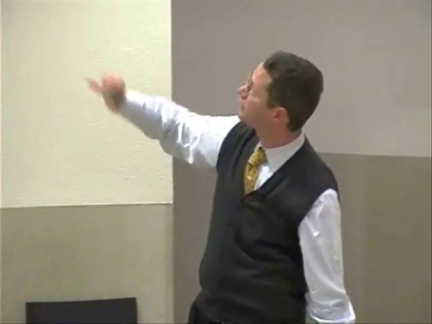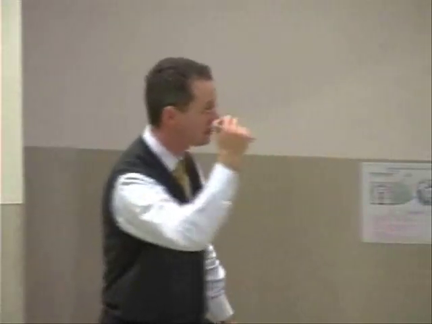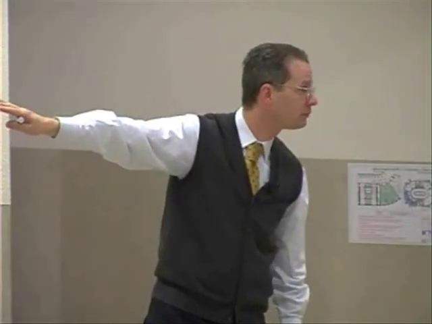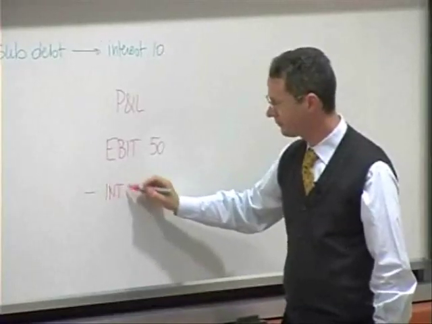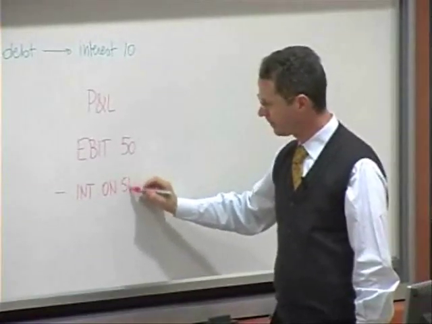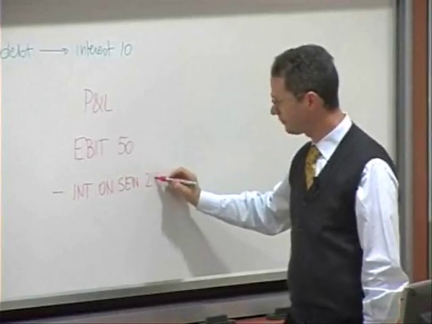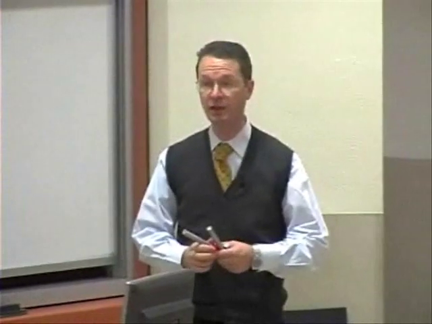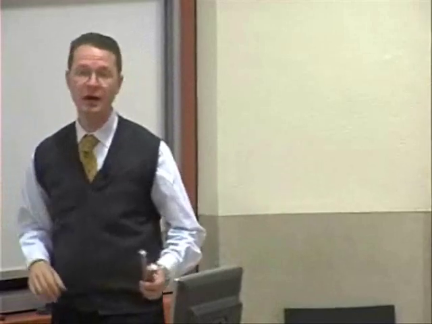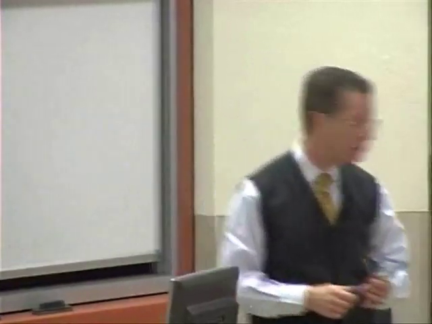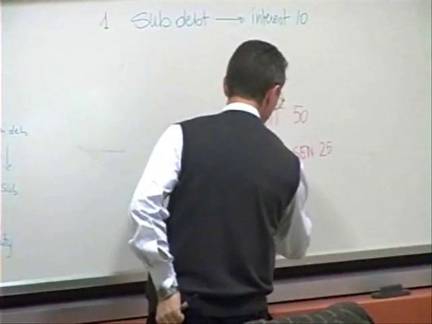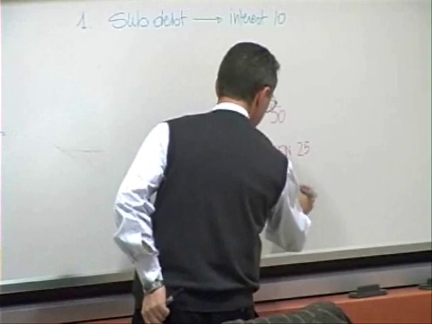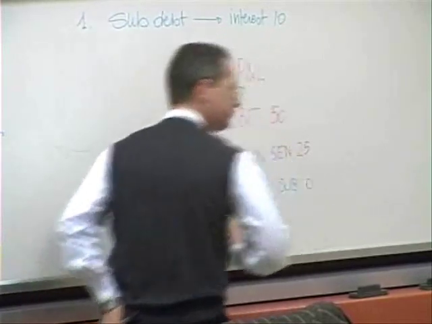I will deduct the financial cost on the senior debt, that is still 25, minus interest on senior, 25. Now I have a subordinated loan, and so this year I have to pay interest of 10 on the subordinated loan, minus interest on sub, 10.